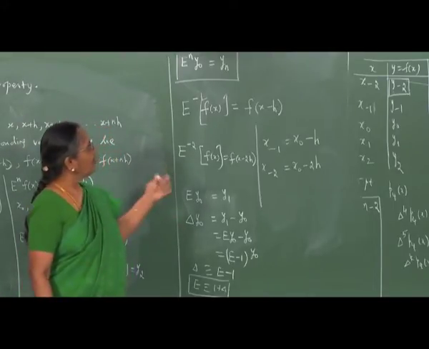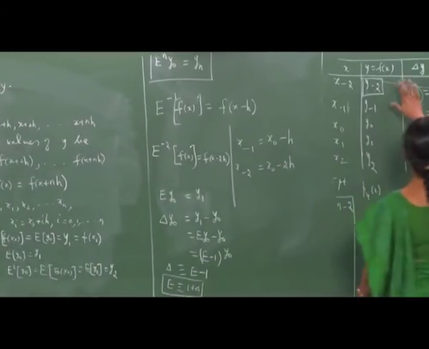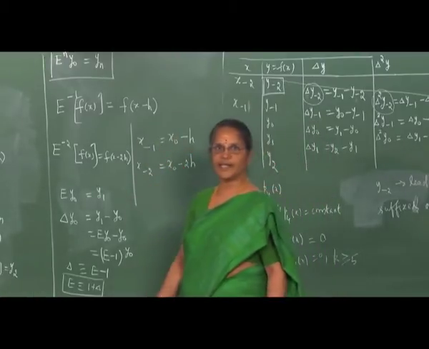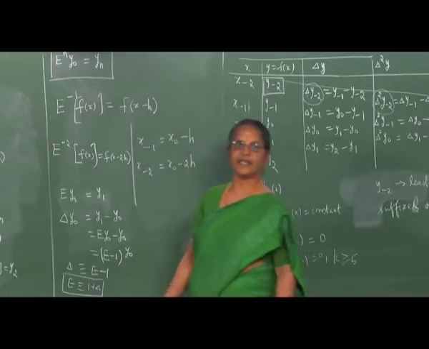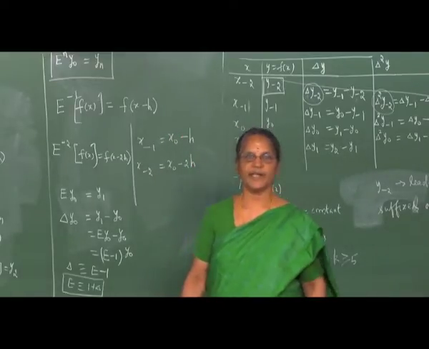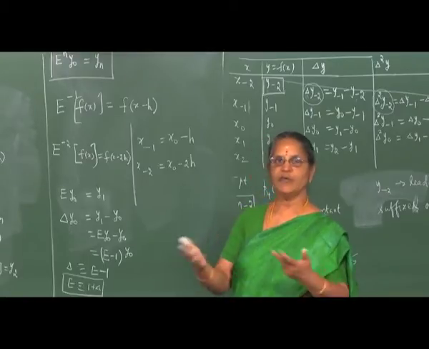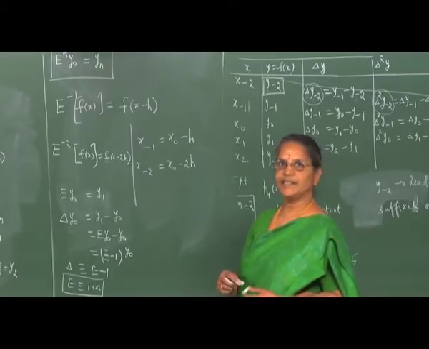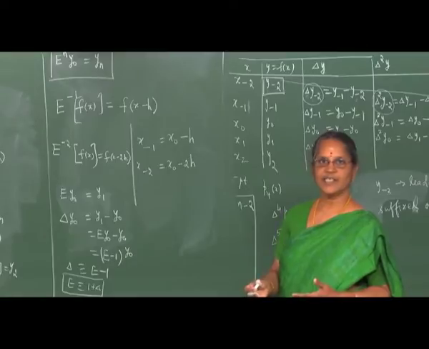So, our goal now is to make use of the forward difference table and the property of the shift operator and the relation between the shift operator and the forward difference operator in writing down an interpolation polynomial that interpolates a given function at a set of discrete points which are equally spaced.